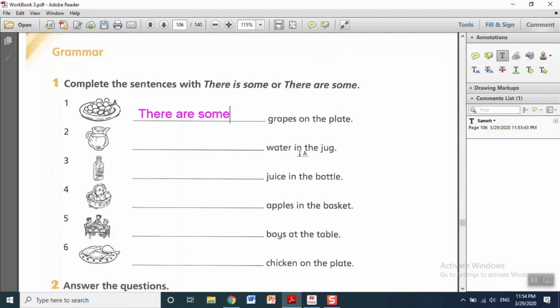The word water, singular or plural? Can we count it or no? Excellent, it's singular. We cannot count it. It's uncountable noun. So we write here there is some.